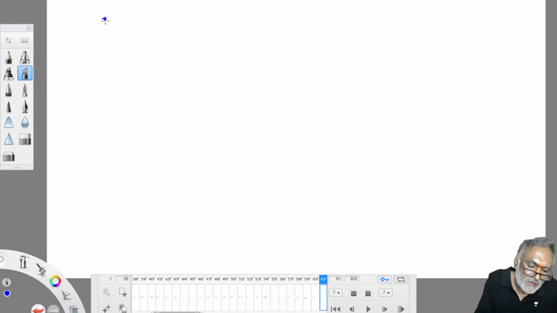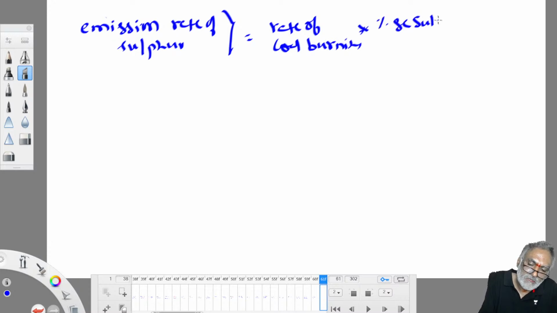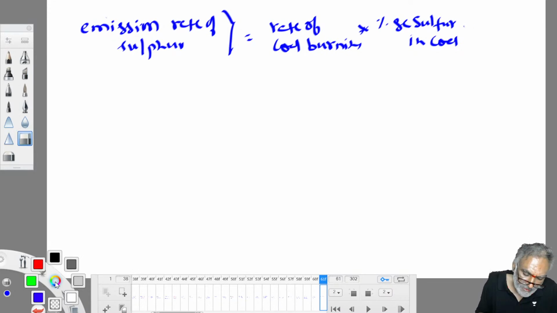Emission rate of sulfur, at what rate sulfur is emitted, is equal to the rate of coal burning. If you burn coal, then only you will get sulfur, so you multiply by the percentage sulfur in coal, and you get how much sulfur emission there is.